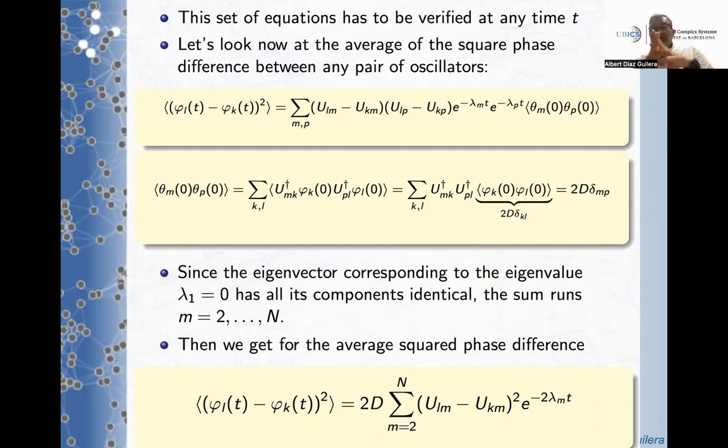Also, this expression is the reason for which some of the methods for identifying communities and so on are based on the projections on the eigenvectors of the Laplacian matrix.